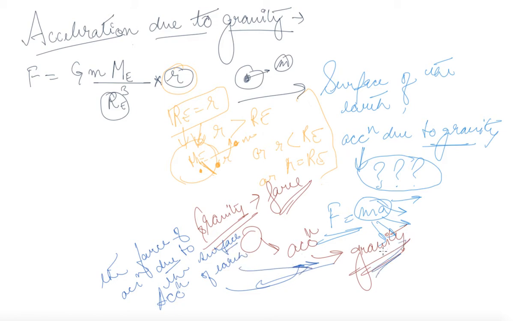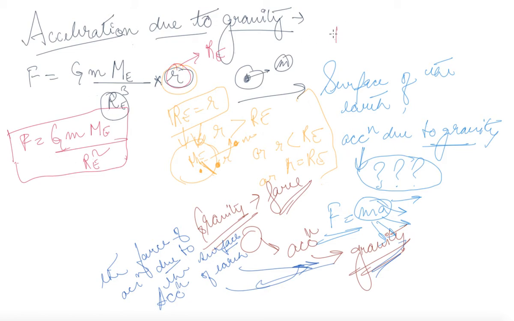This is how we define gravity. Now during my calculation, I have come to this conclusion: this r will actually be R_e. So F finally becomes G m M_e divided by R_e square. So this is my equation for the surface of the earth.